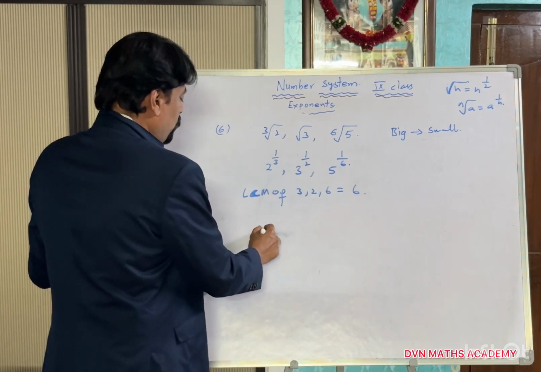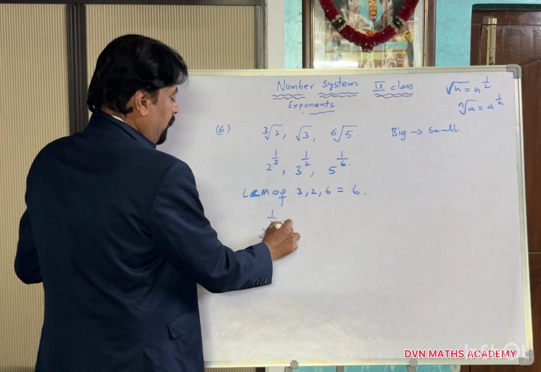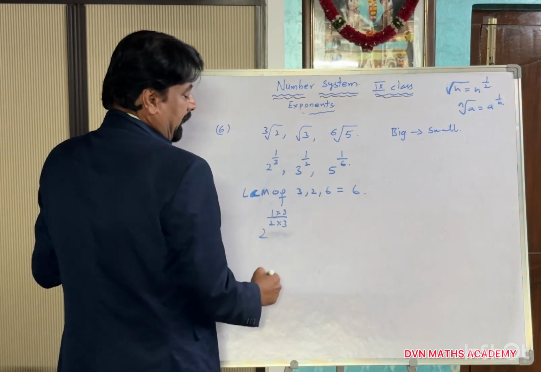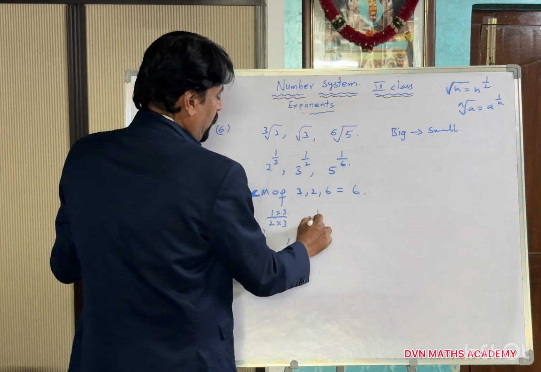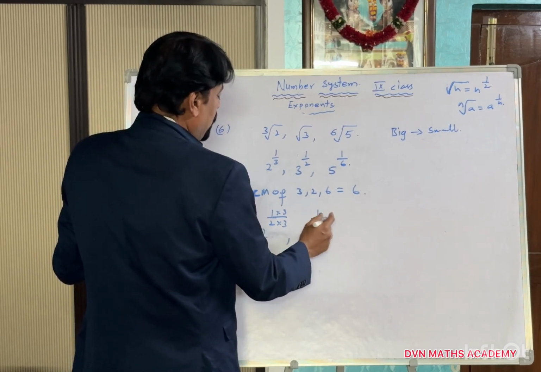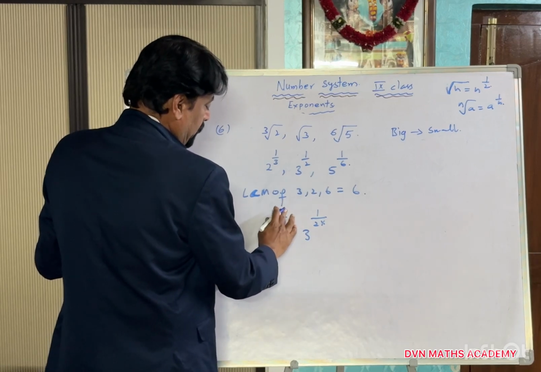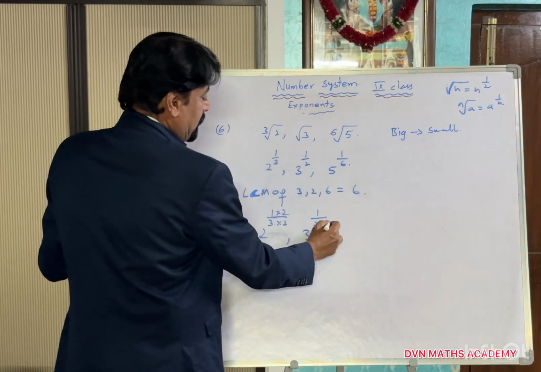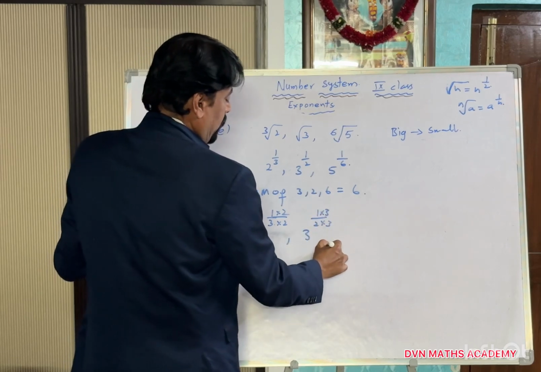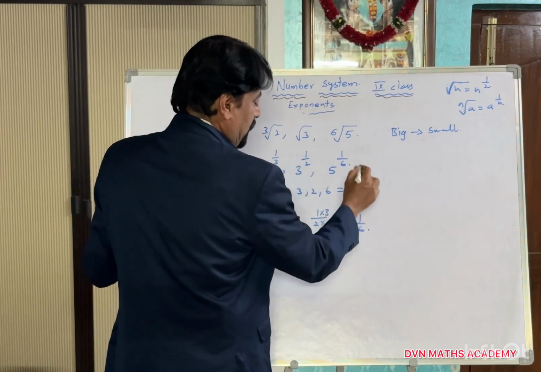Now for 2 to the power of 1 by 3, I multiply both numerator and denominator by 2, for 3 to the power of 1 by 2, I multiply by 3, so that the denominator becomes 6, and 5 to the power of 1 by 6 stays as it is.